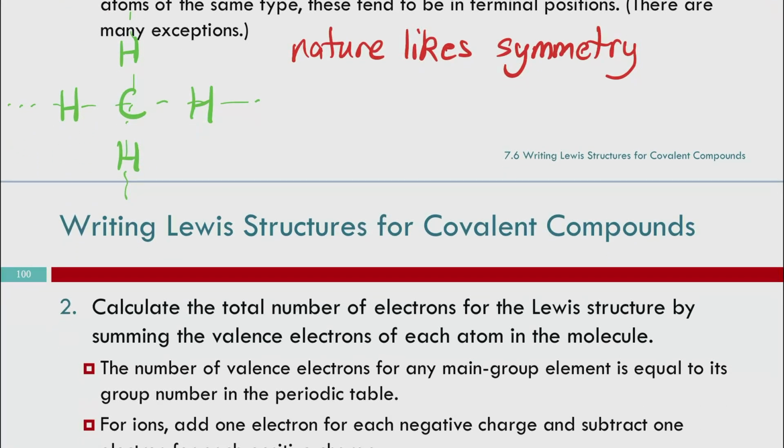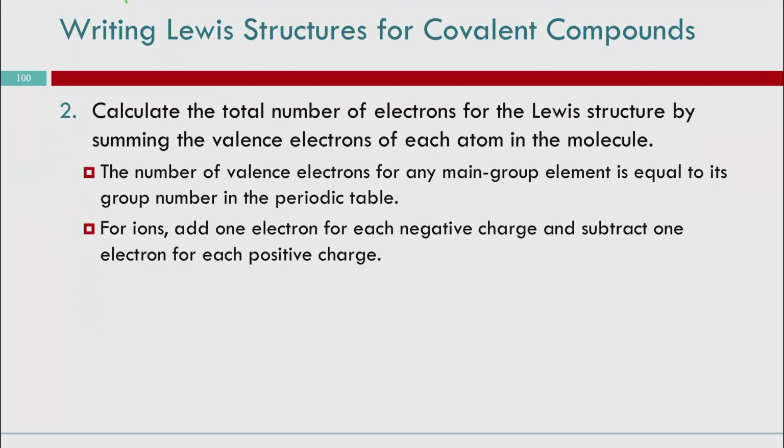Now that we've got this basic structure, we need to figure out how many valence electrons we have to put on the board. So we're going to sum up our valence electrons for each of these. We have one carbon.